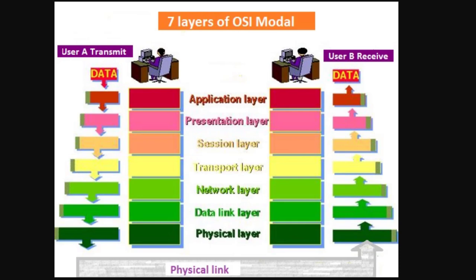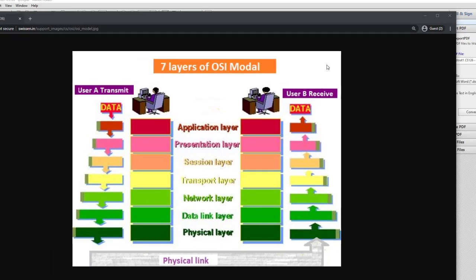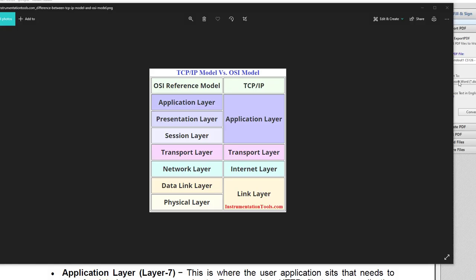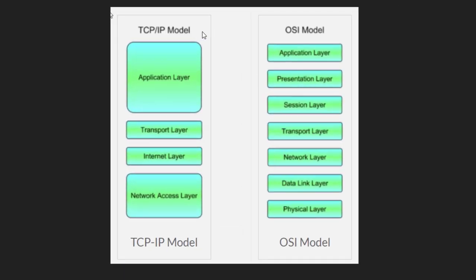The OSI Reference Model, which is this one, is actually just a guideline, where the actual protocol stacks often combine one or more of the OSI layers into a single layer. So, protocol stacks: this is a comparison between the TCP/IP model and the OSI model.